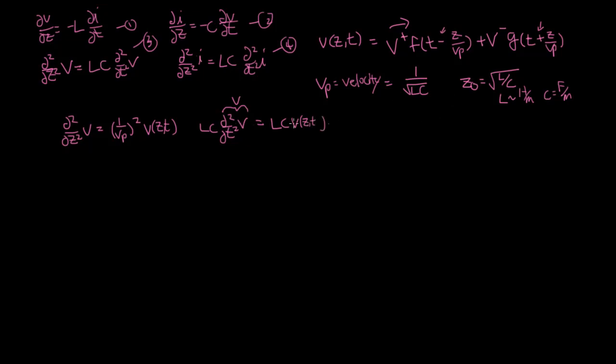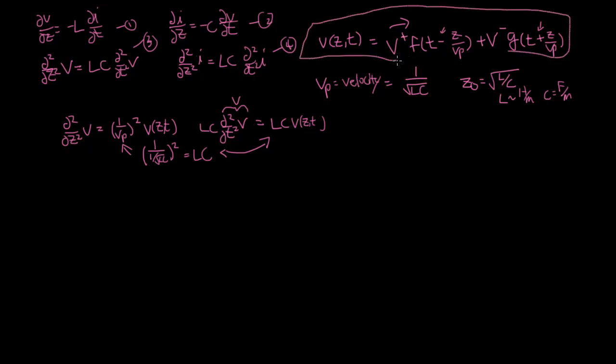And note that when you plug in that relationship, 1 over vp squared, with vp equal to 1 over the square root of LC, is equal to LC. So voila, the two sides are equal. So this is a general solution to the transmission line equation for voltage.